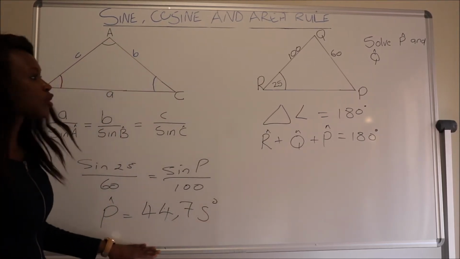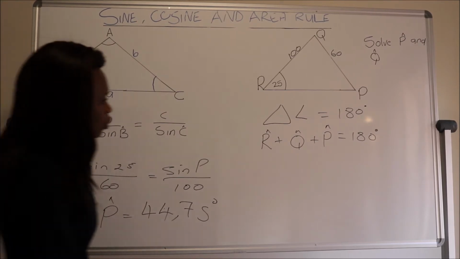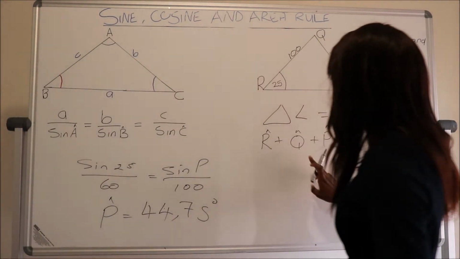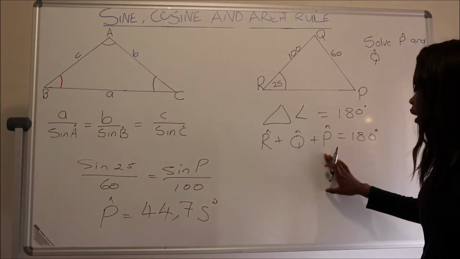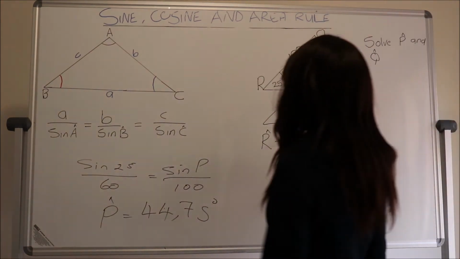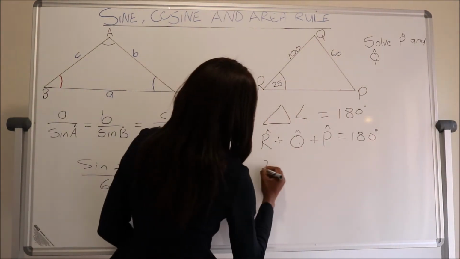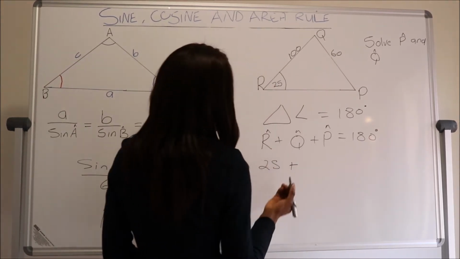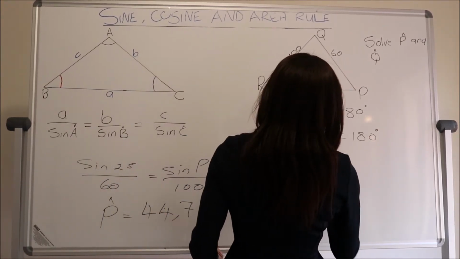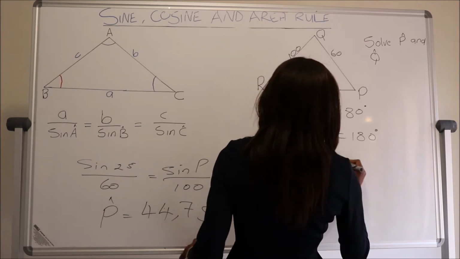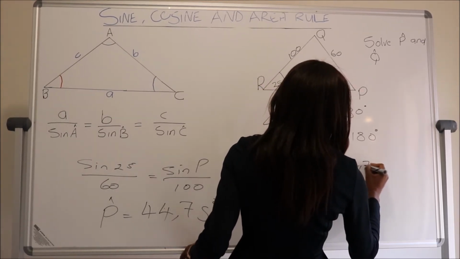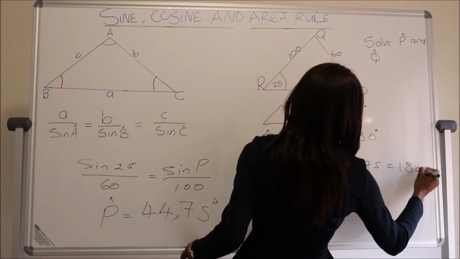Then after finding this, what we can do is use this rule here, that the angle of R plus the angle of Q plus the angle of P is equal to 180 degrees. Remember that R is equal to 25, plus Q, which is unknown now, plus 44.75, equals 180 degrees.